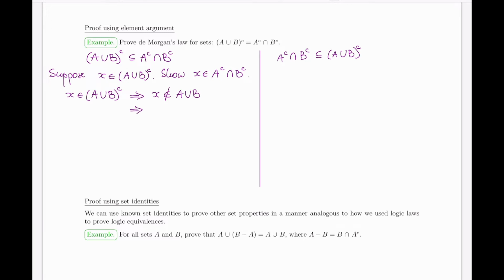So we can say that it is false that x is in the union of A and B. Now we can expand this out using the definition of the union. So it is false, or not the case, that x is in A or that x is in B.